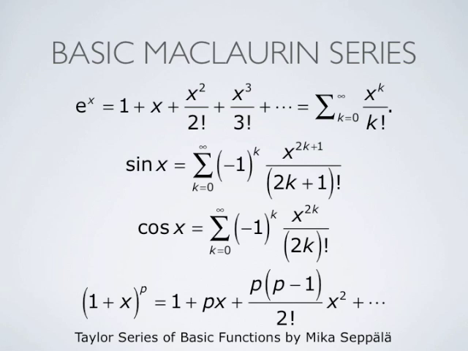The binomial series converges if the absolute value of x is less than 1. All the other basic Maclaurin series converge for all values of x and represent the function in question.